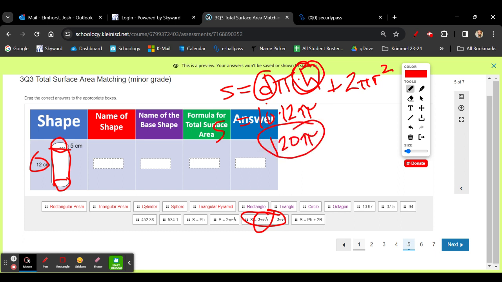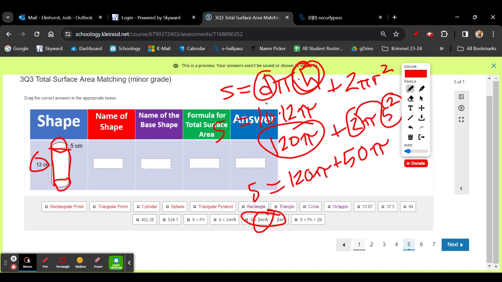So we have the lateral surface area figured out. So now we'll do 2 times pi times the radius squared. Okay, so that's going to give us 25 times 2. So that is going to be 25 times 2 is 50 times pi. And we have 120 times pi.